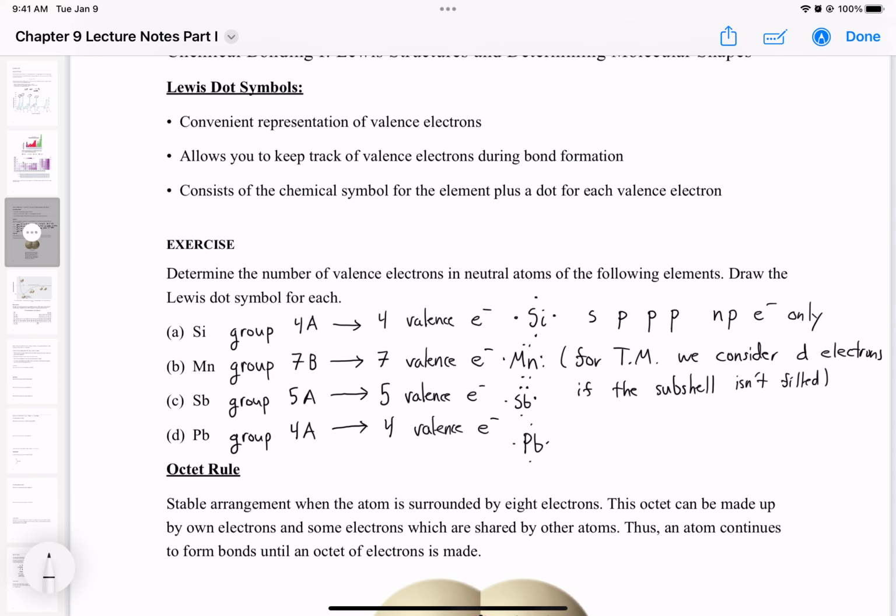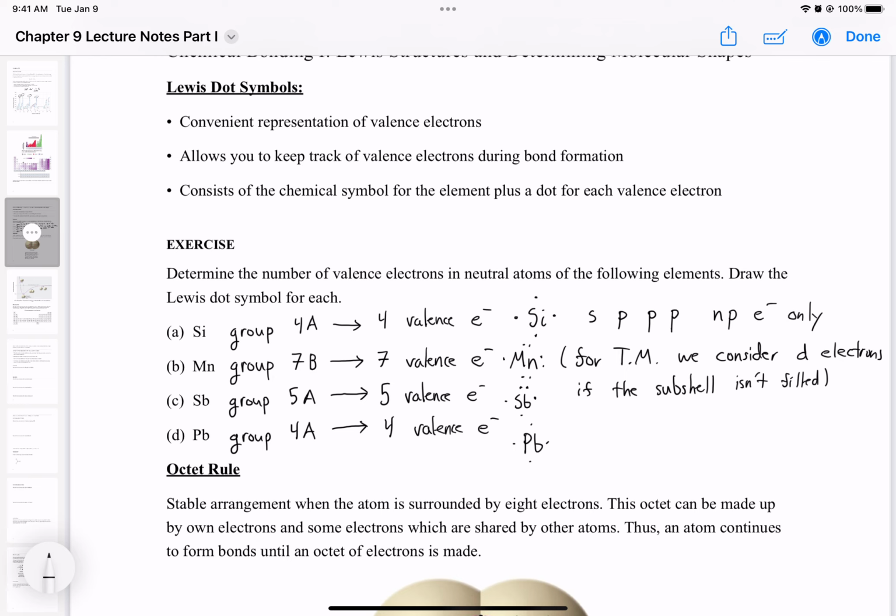Some common oxidation states, as you saw in one of the quizzes, is that lead is 4+. That tells us lead has 4 valence electrons and can lose 4 valence electrons to reach the +4 state.